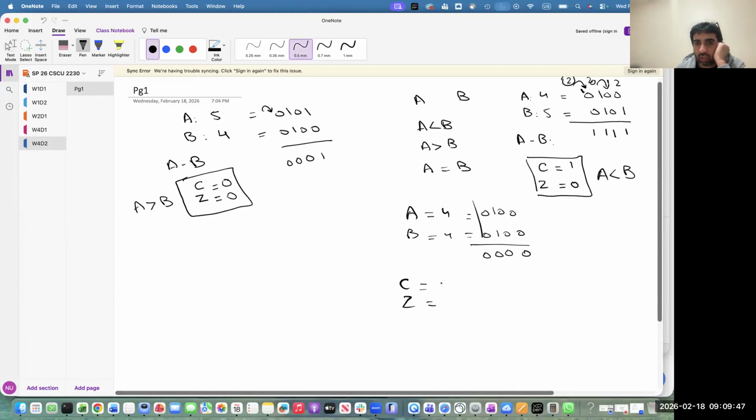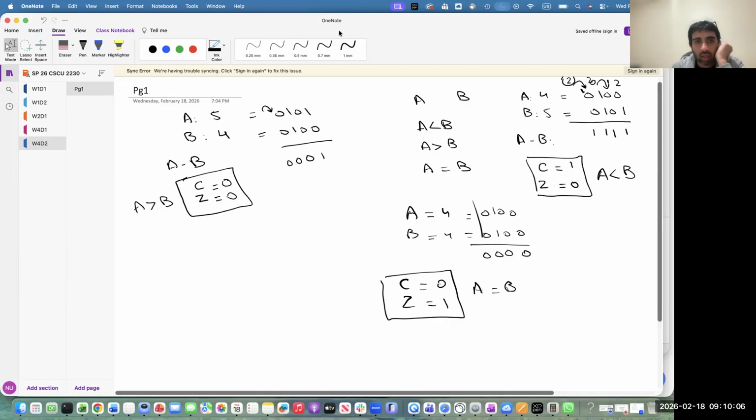Yeah. So the C flag will be 0, but the Z flag will be 1, right? So this is the case when A is equal to B, right?